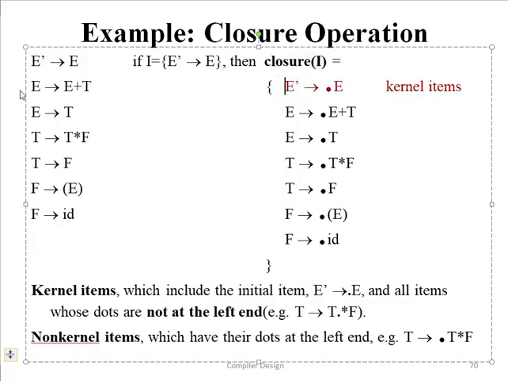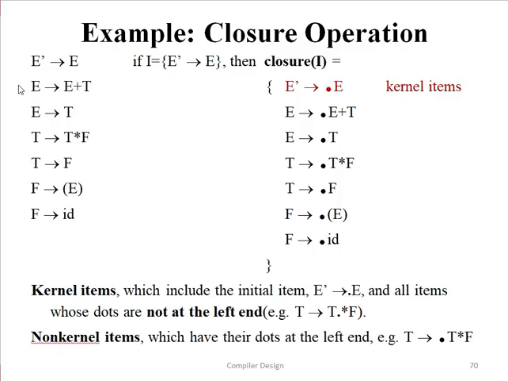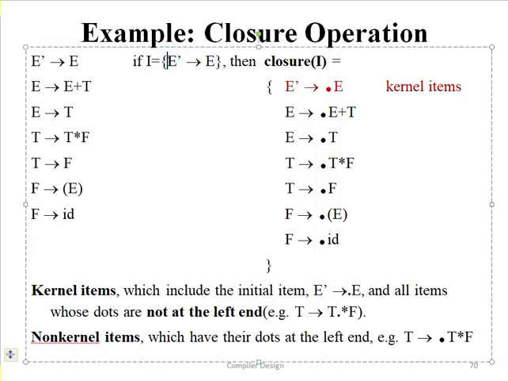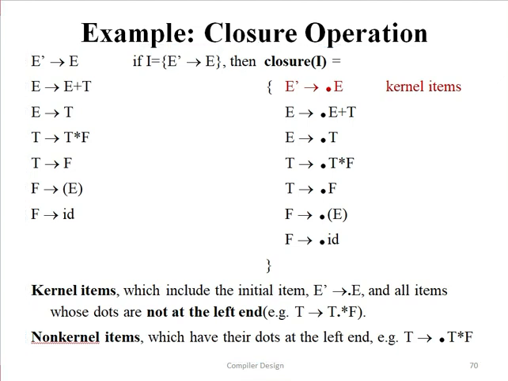So the initial I0 is always created from applying the closure operation on the item having the production rule by which we augmented the grammar. Then other items will be derived from the initial item I0 by applying the goto operation.